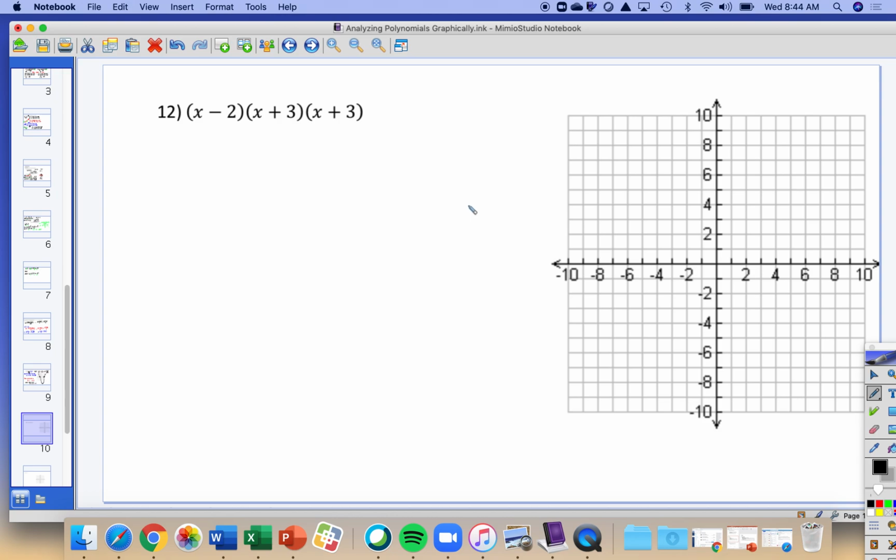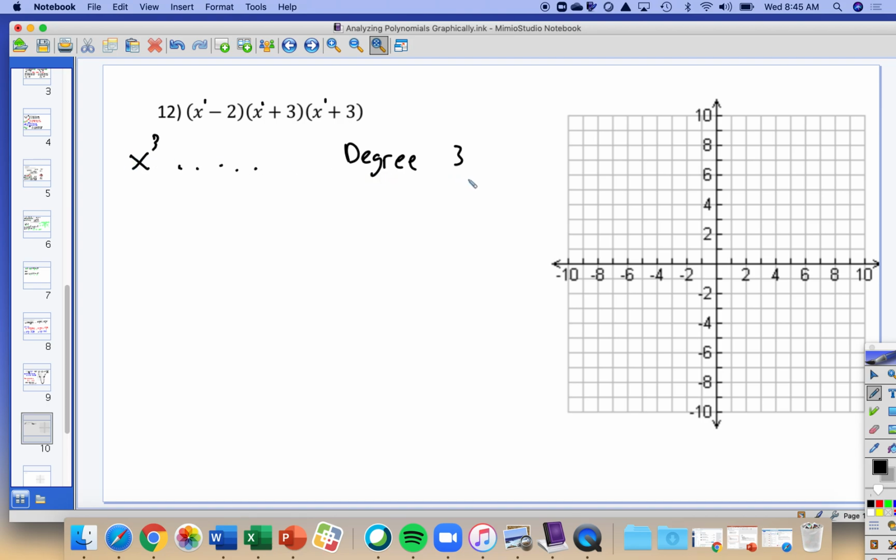Ooh, this polynomial is already in factored form. Look at this. The question is, what degree polynomial is this? Well, if I was to multiply this out, because I have x to the first and x to the first and x to the first, when I multiply all of this out, I'm going to end up with x to the third and then a bunch of values after that, which means this is a degree 3 polynomial, which means it's an odd degree, and because when I multiply all these x values together, I get a positive 1 in front.